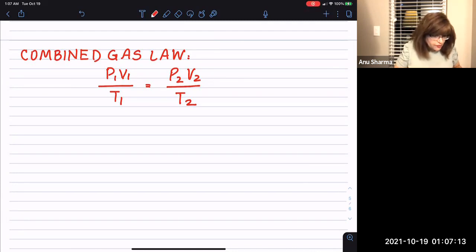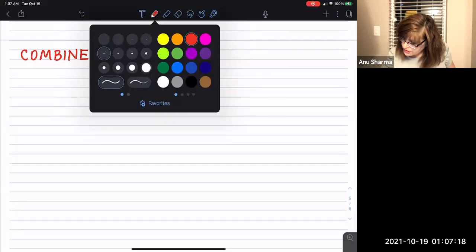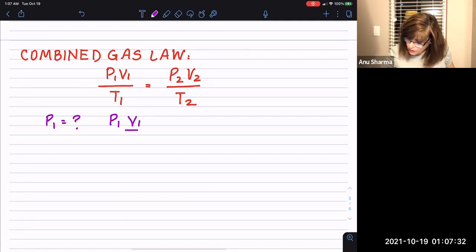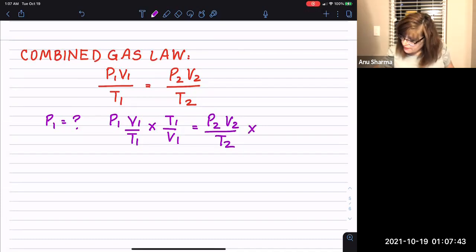So let's look at this problem here, study check problem. Let me just see if I can do a few transformations here. Let us say you just want to find P1, then what would you do? If you were to find P1, then P1 V1 over T1 times T1 over V1 is equal to P2 V2 over T2 times T1 over V1.